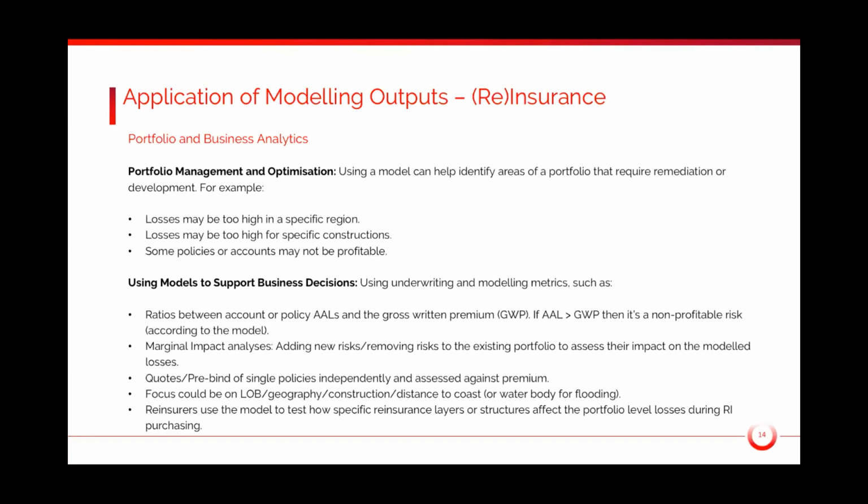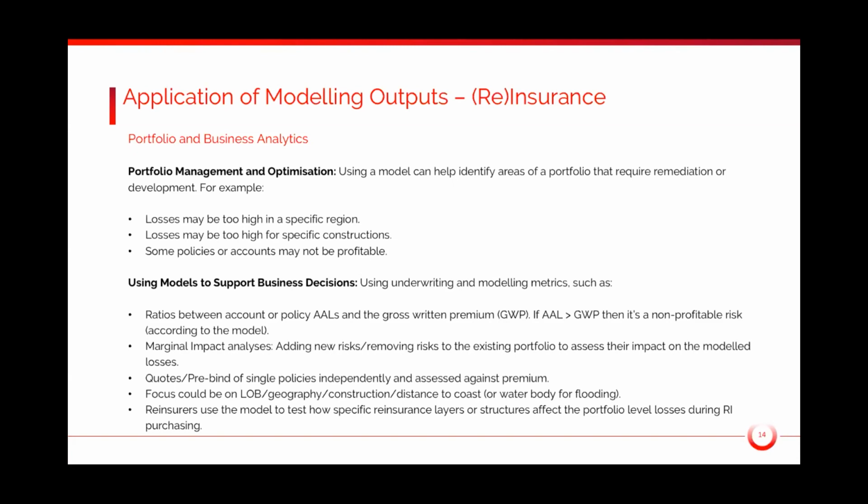One of the obvious ones is looking at your AAL against your premium. I mentioned previously that if your AAL is higher than your gross written premium for a risk or a policy, then the model is determining that that risk or policy is non-profitable, and you should probably either change it or non-renew it.